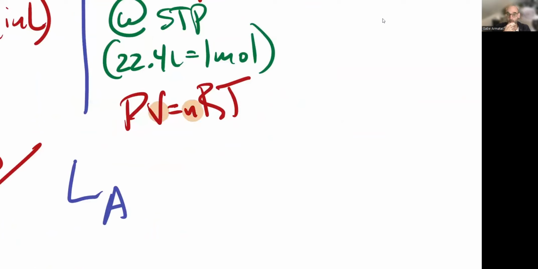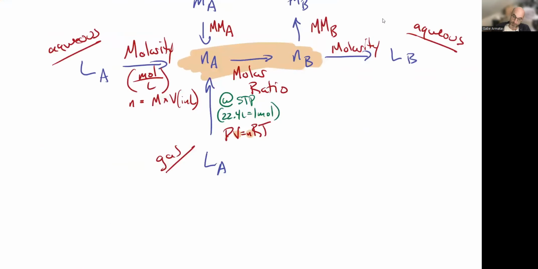So instead of using that 22.4 liters, just simply use PV equals nRT to solve for moles of A. Then you convert by molar ratio to moles of B. And then we go from moles of B back to liters of B using PV equals nRT. And this is, again, if we're solving for a gas as the final thing.